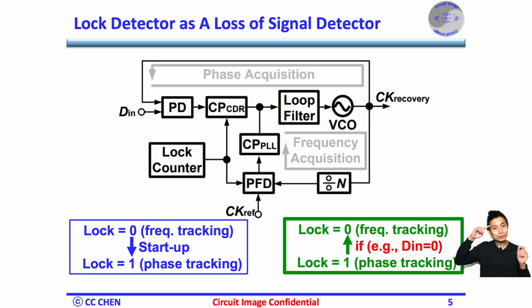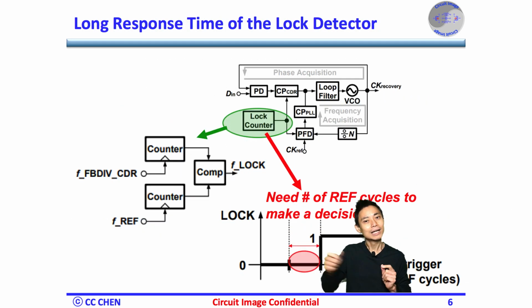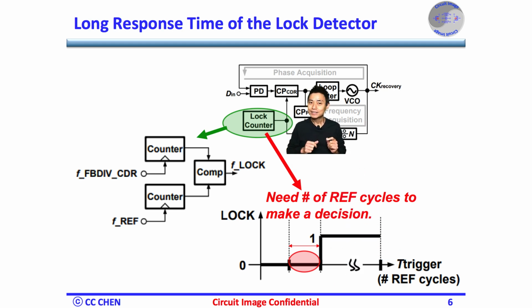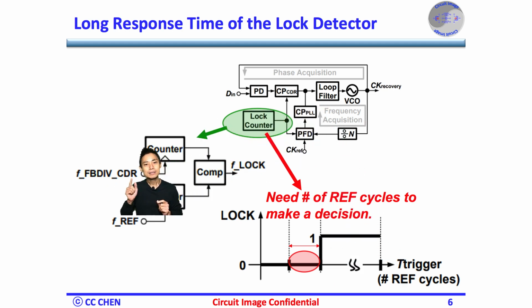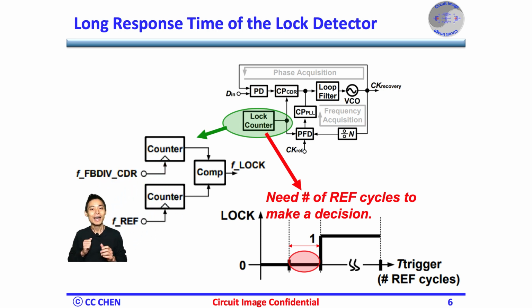Think about the response time of the lock detector for 5 seconds. Correct. The lock detector could be a counter-based comparator, comparing the counts of the divided VCO cycles and the reference clock cycles.